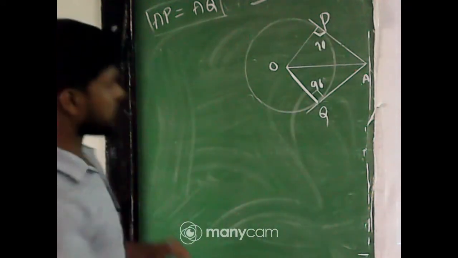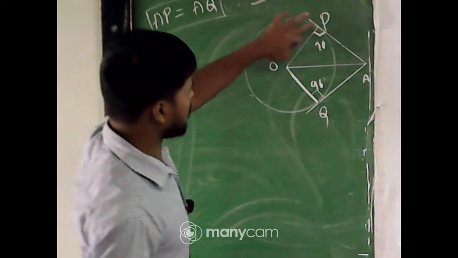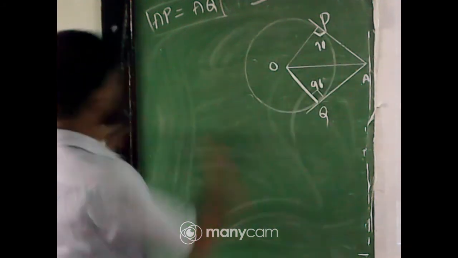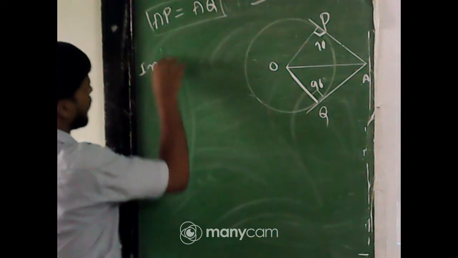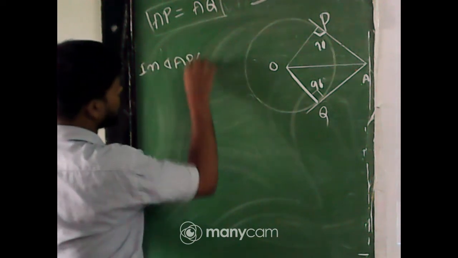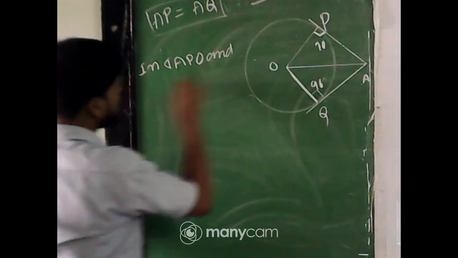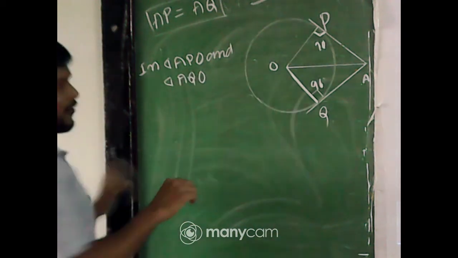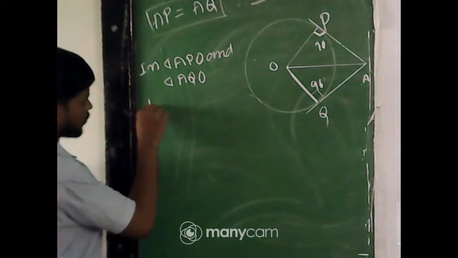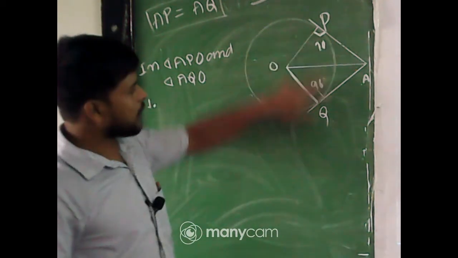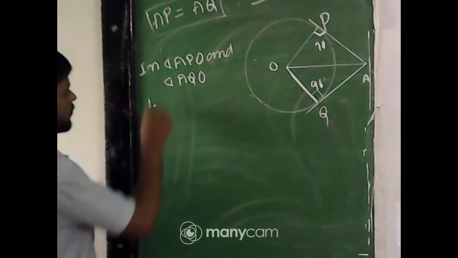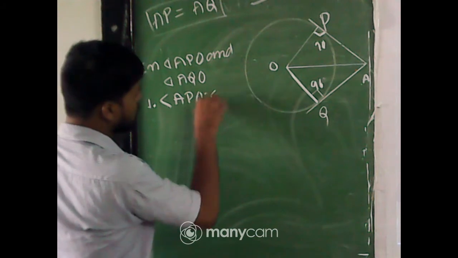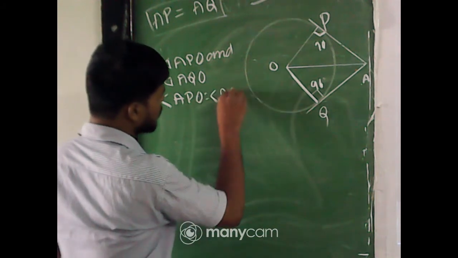Okay. Now do one thing. Compare these 2 triangles, triangle APO and triangle AQO. First condition: angle P and angle Q are equal to each other, means angle APO is equal to angle AQO.